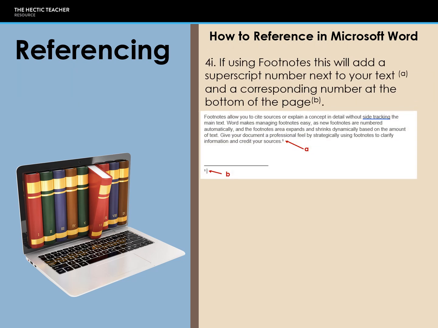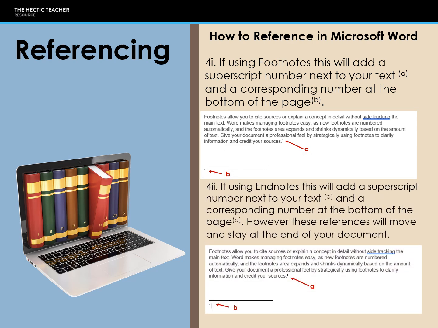Then it will give you a little number next to the bit that you highlighted, and then at the bottom of the page you'll see that number again. Now it's at the bottom of the page or at the end, depending on whether you're using footnotes or endnotes, where you put your reference. So if you're using endnotes, it won't be at the bottom of the page, it will be at the end of the document, but they will always stay there.